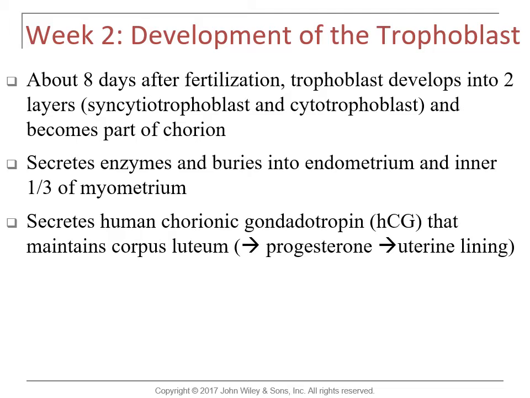Now we're going to talk about the second week of development, week 2, which is the development of the trophoblast. A quick reminder from the previous slide, the trophoblast is the outer superficial layer of cells that forms the sphere-like wall of the blastocyst. During the second week of development, about 8 days after fertilization, the trophoblast develops into 2 layers in the region of contact between the blastocyst and the endometrium.